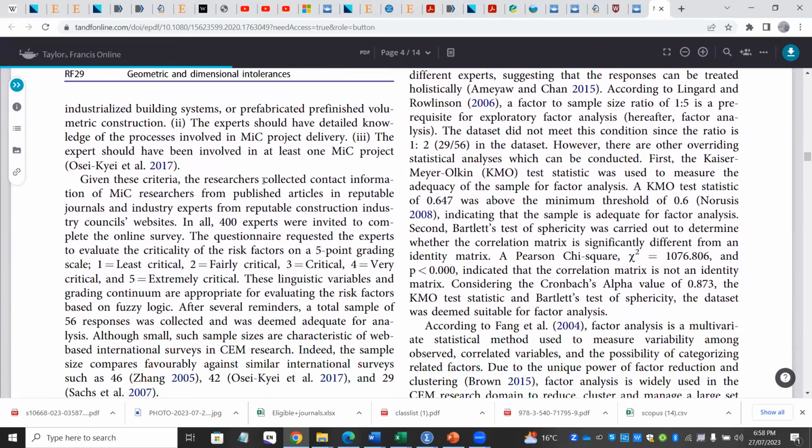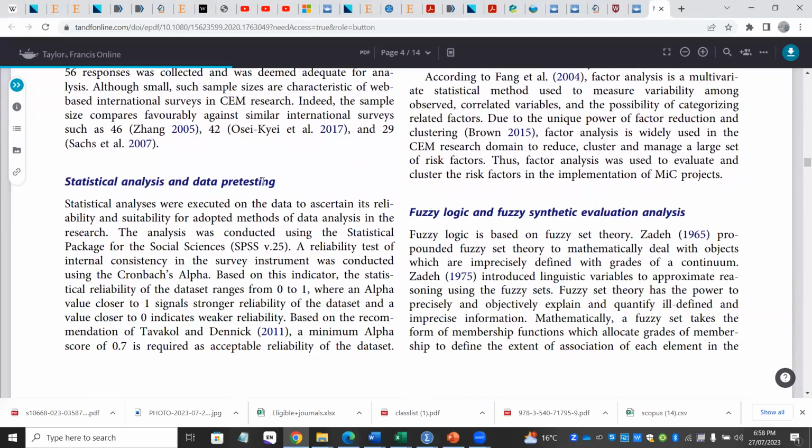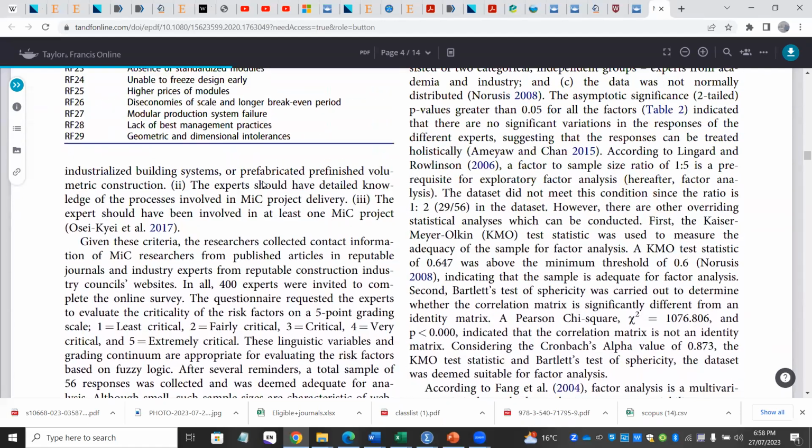We all know we are using SPSS, so you conduct a reliability test using Cronbach's alpha. And I explained to you that a Cronbach's alpha of 0.7 and above is acceptable. So you get that.